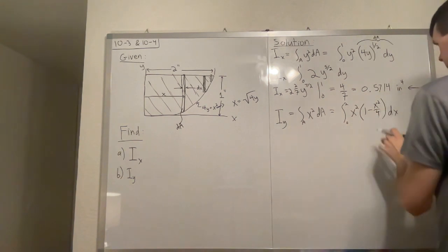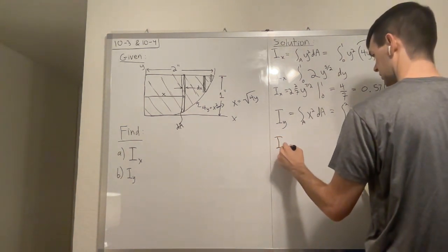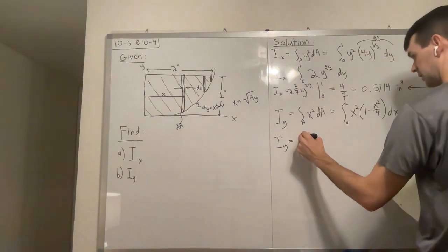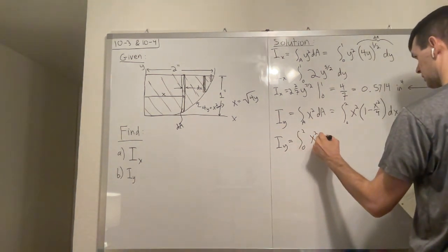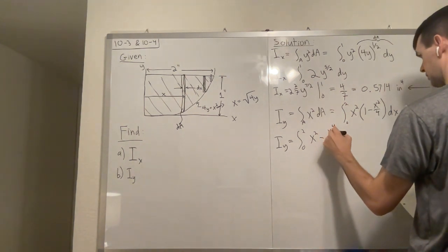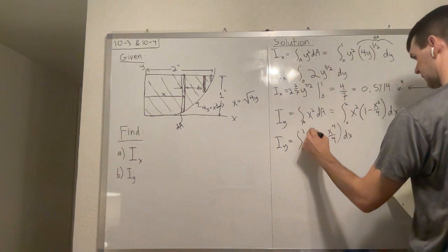So let's play with these numbers a little bit. We get Iy is equal to the integral from 0 to 2 of x squared minus x to the 4th over 4, dx.